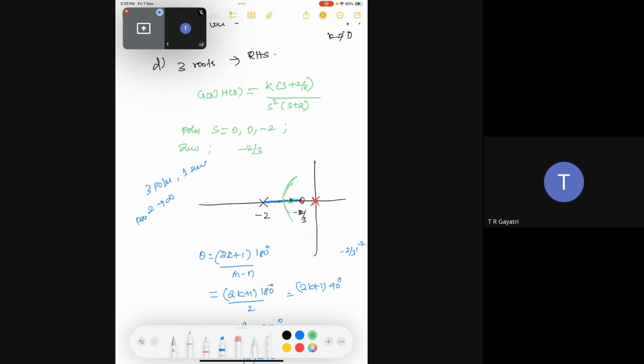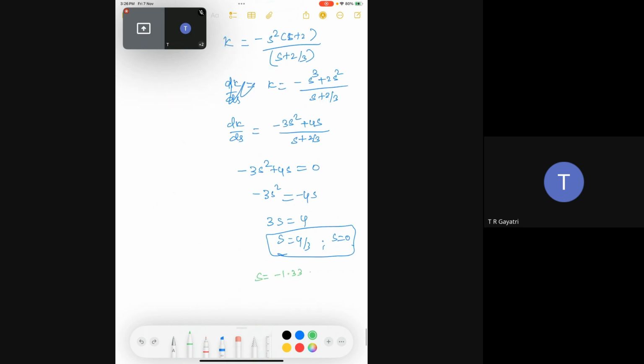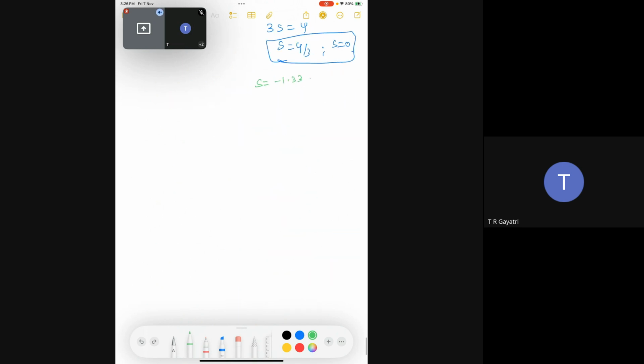So it can be from here, here, anywhere, the same asymptotes. But exactly from which point it is going to separate, we have to calculate using the centroid. So here we found that from this point it is going to separate at 90 degrees and 270 degrees.